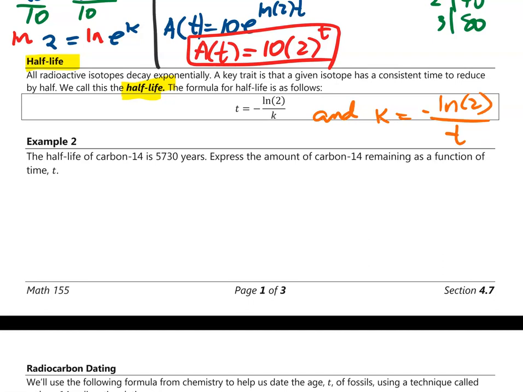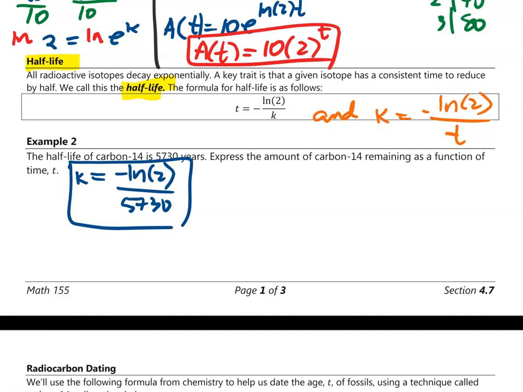And just like, for example number 2, the half-life of carbon-14 is 5,730 years. Express the amount of carbon remaining as a function of time t. So k is equal to negative ln of 2 over, the time is 5,730. So this is our k.